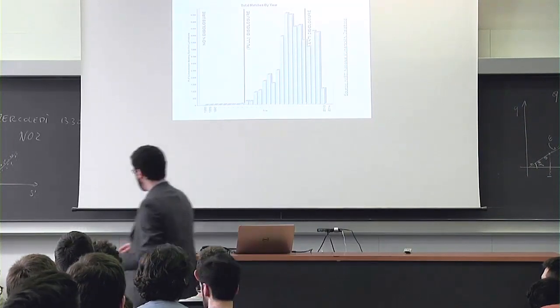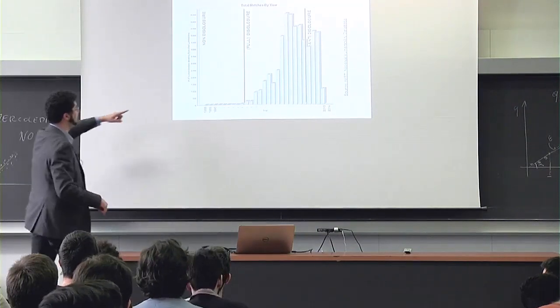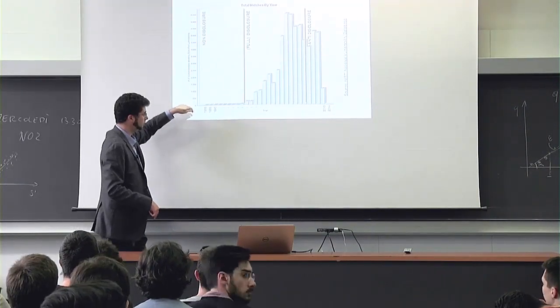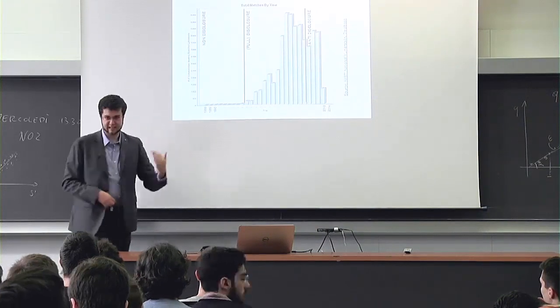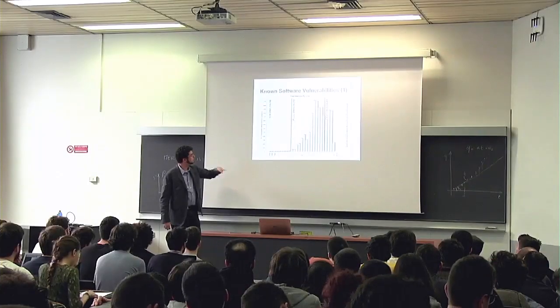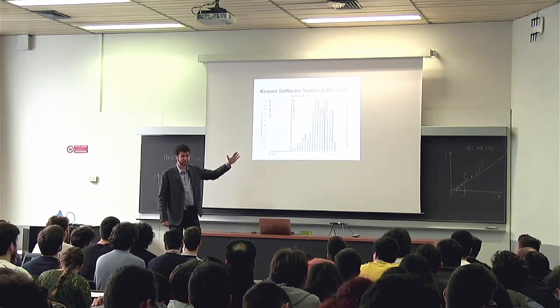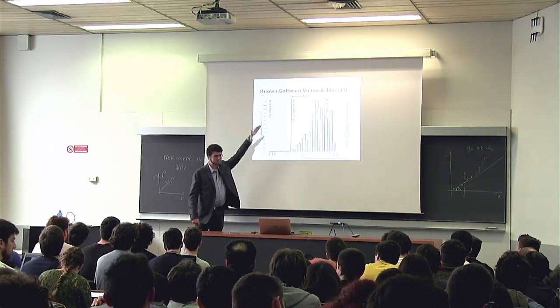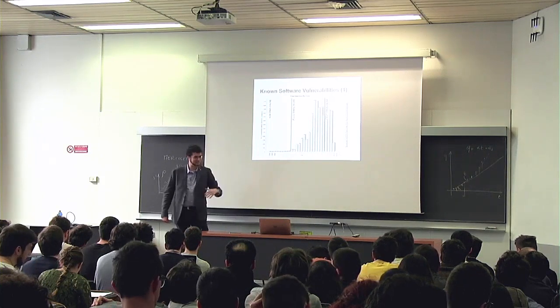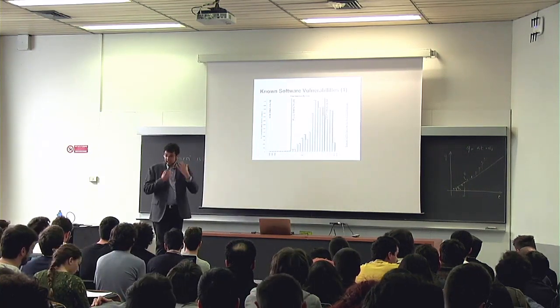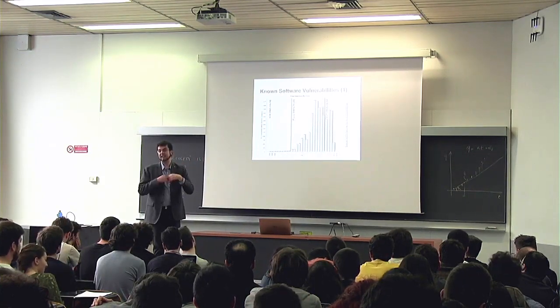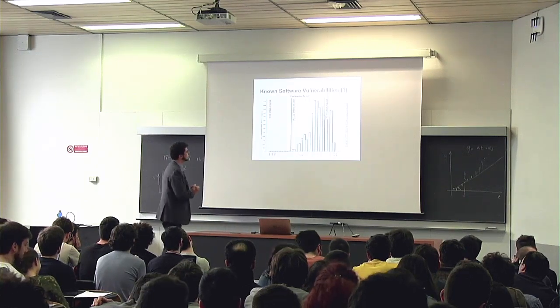So here we have the number of vulnerabilities in the database. It's the number of vulnerabilities per year. It's not incremental, because otherwise this would not explain how the database looks like. It's the number of vulnerabilities per year that have been disclosed.